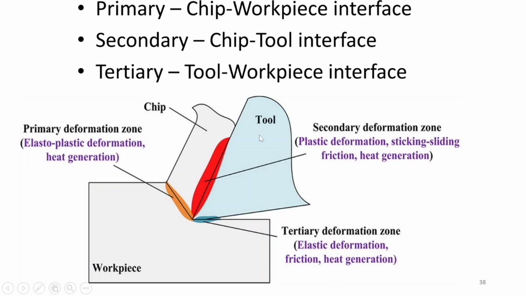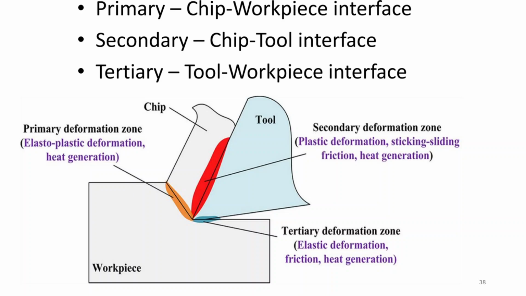From this image you can see that between chip and workpiece you have the primary deformation zone. In this part you have both elastic and plastic deformation and also heat generation.